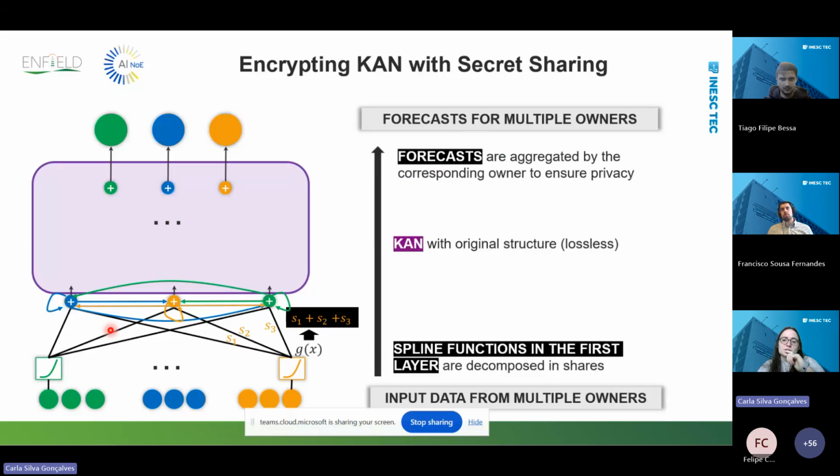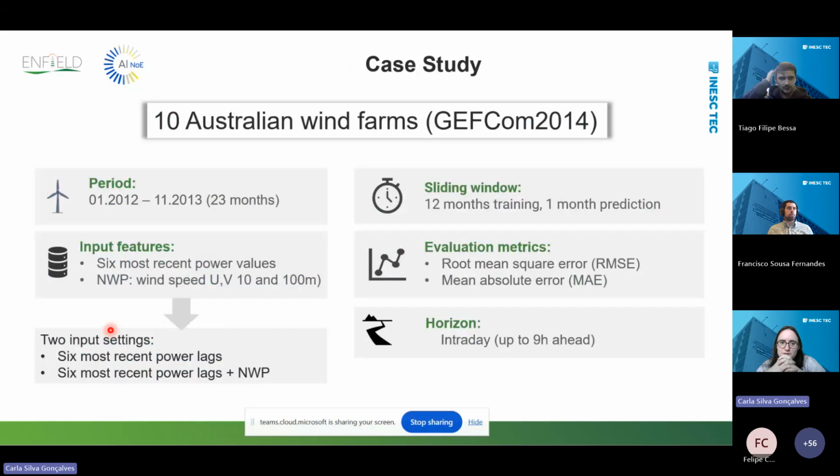So each data owner recovers their own forecast. So here we are not forcing this initial pruning on the bottom of the network, but we have this communication burden.